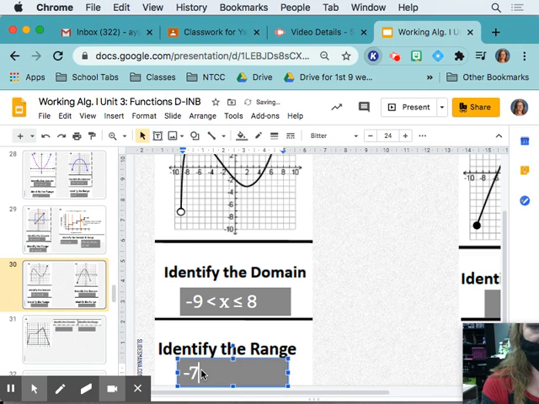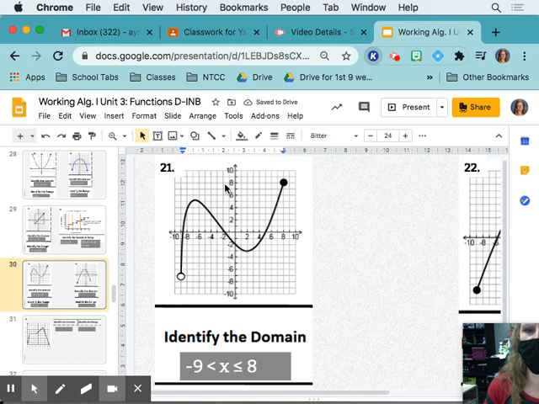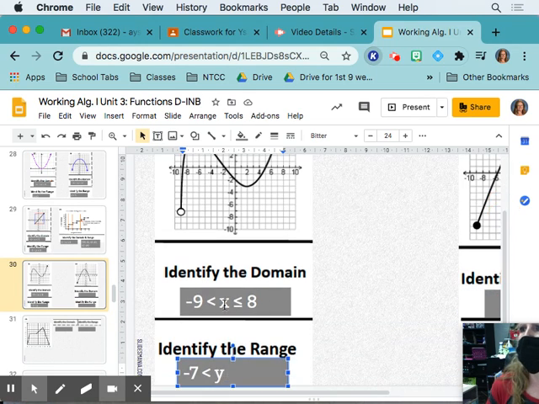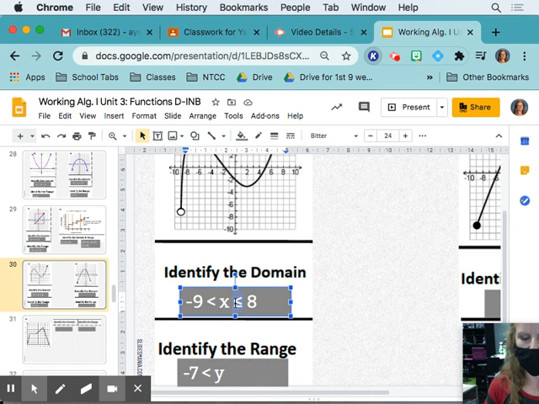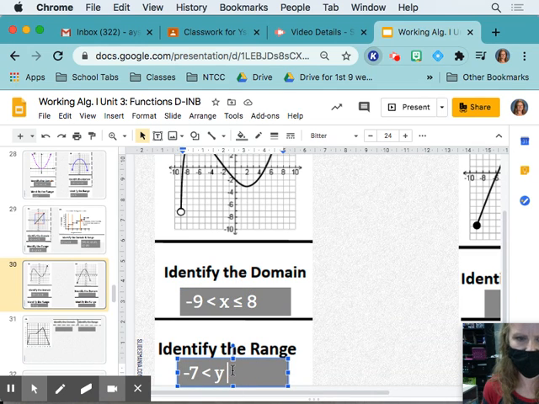Down to -7, it is not included. We're dealing with the y values. And we're going up to +8, and it is included. So the highest it goes is +8 on the y-axis. So we need that less than or equal to symbol, +8.